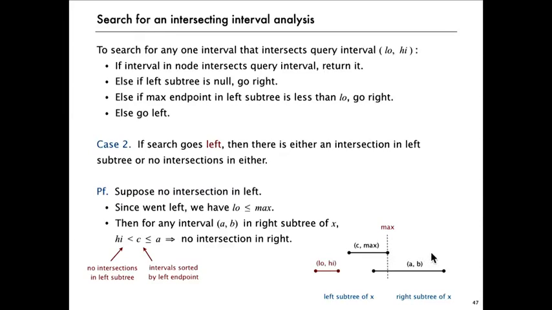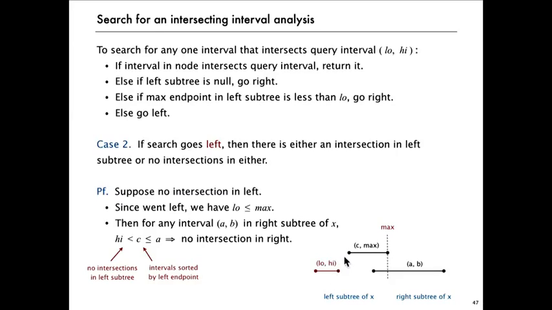But any interval in the right subtree has to appear after it, because since there are no intersections in the left subtree, high has got to be less than C, because they're sorted by left endpoint.